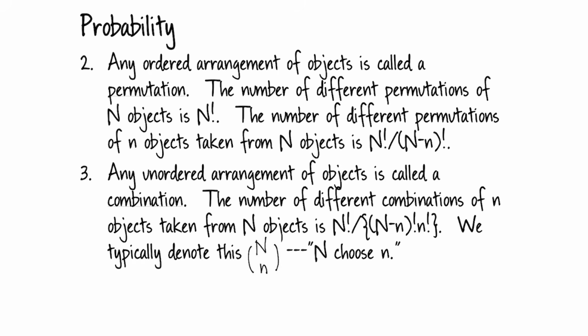An unordered arrangement of objects is called a combination. The number of different combinations of little n objects taken from big N objects is the same as the number of permutations, but we also divide by little n factorial.